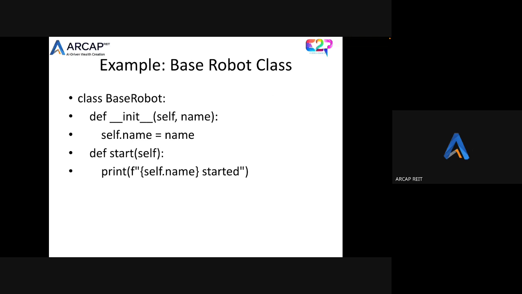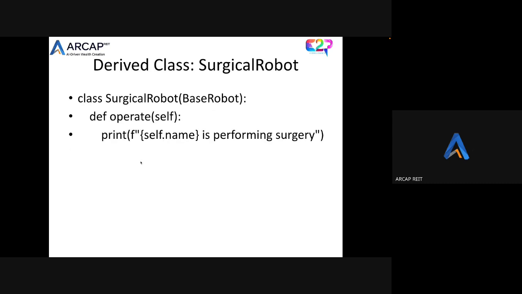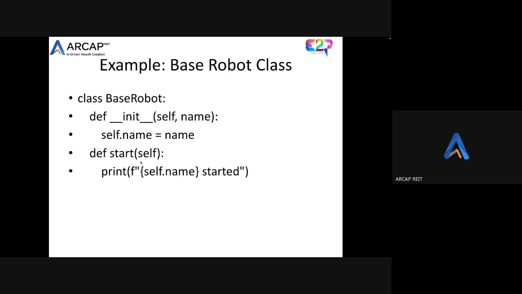Like here, say this is the parent class, base robot. It has a function called start. Here this is a base class, a parent class, which is common for most of the classes.